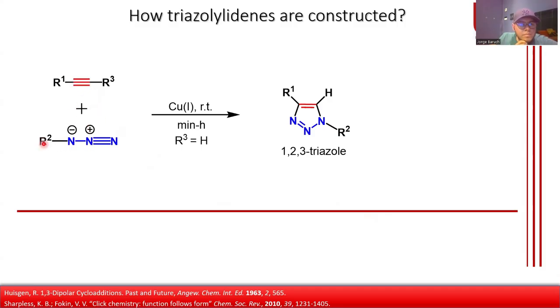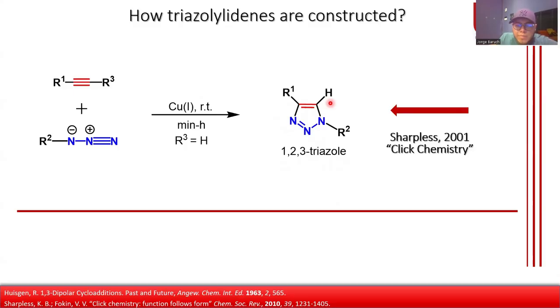They proceed to do a cycloaddition with a molecule called organic azide, which contains three neighboring nitrogen atoms. After the catalysis with a copper(I) species, we can generate these 5-membered rings, which I'll call 1,2,3-triazoles. This triazole contains a CH bond that, as we will see, can be removed in order to form the free carbenes.